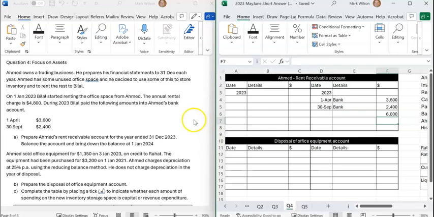But what it also tells us is what the annual rent is. So we're going to close off to our income statement the annual rent, which we got told was $4,800. And you'll see that that doesn't balance to $6,000. So what that means is that Bilal's actually paid for some of next year's account, the 2024 account, in advance.